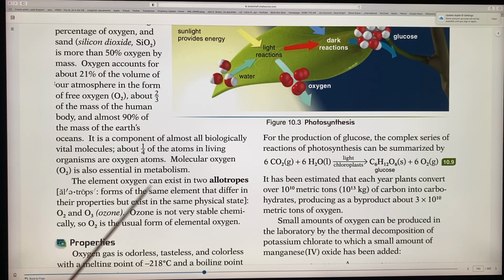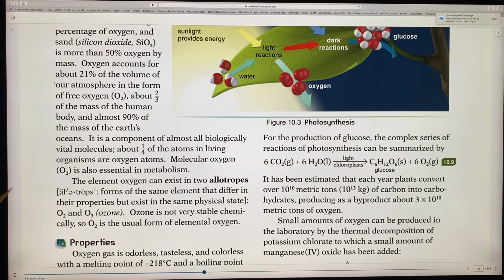It's essential in metabolism. The element oxygen actually exists in 2 forms. That's pretty important. O2, as you see here, and O3. O2 is by far the most plentiful, and these are allotropes. And what is an allotrope? Allotropes are forms of the same element that differ in their properties but exist in the same physical state.